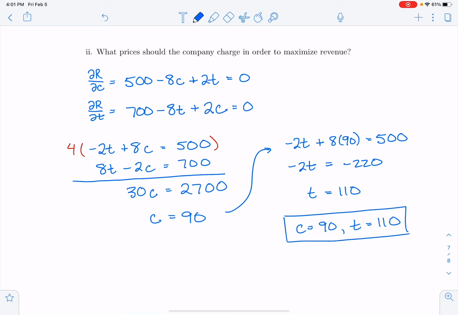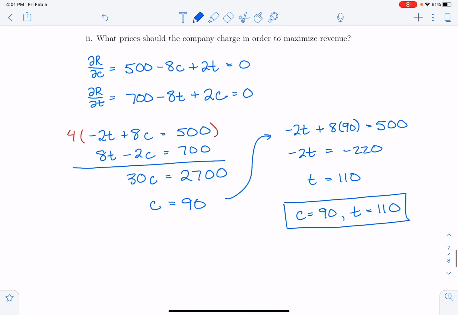But how do I know that that critical point is a maximum? Again, I need to find the Hessian matrix of revenue. The second partial derivative of R with respect to C is negative 8.